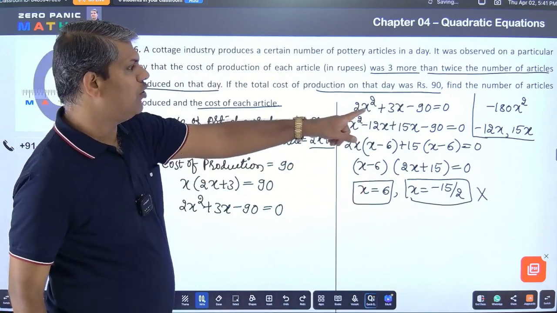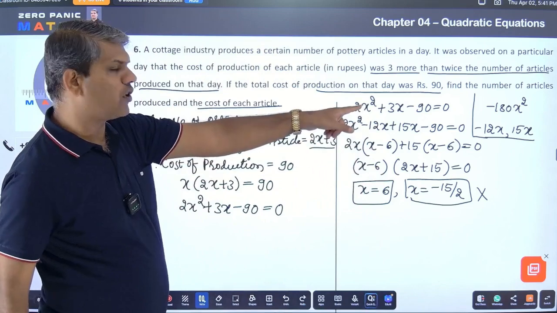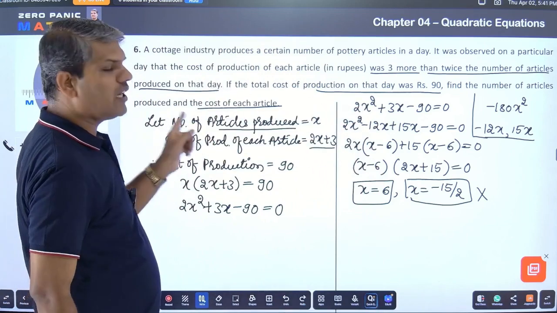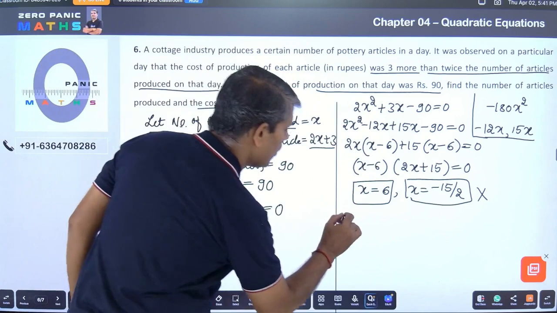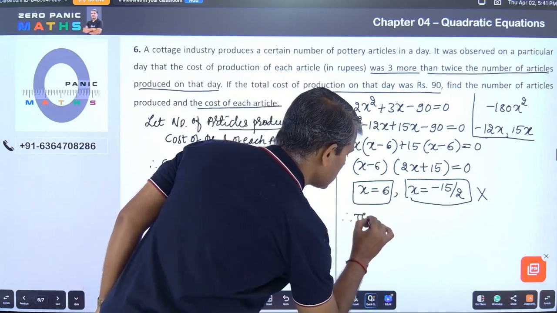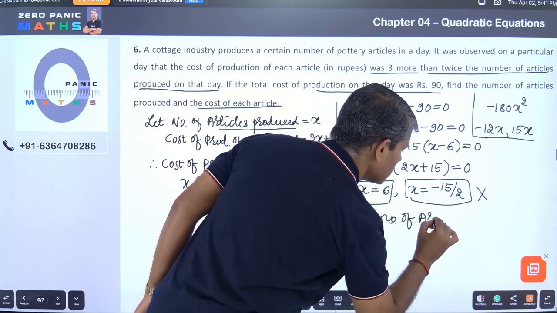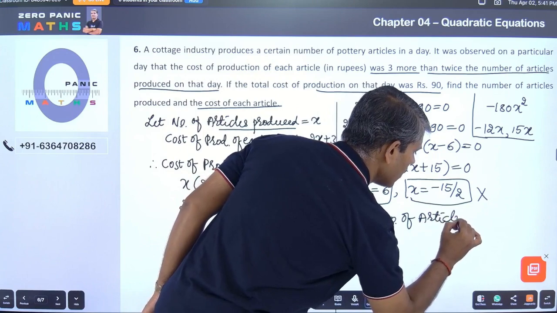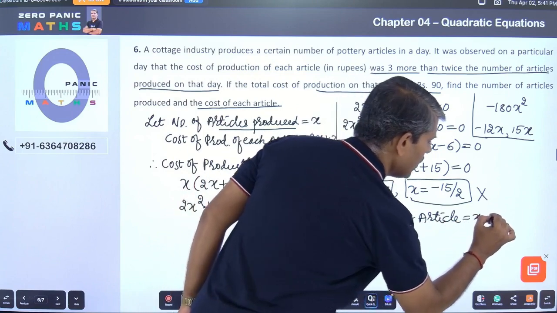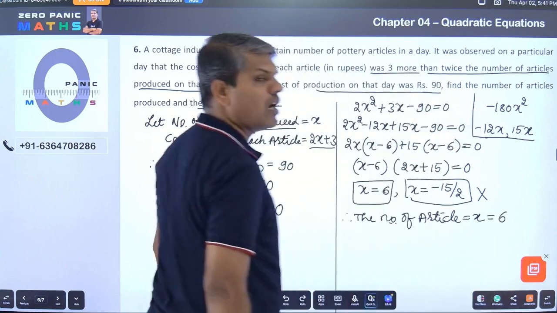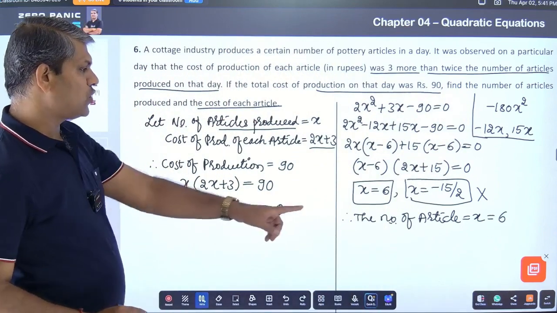This might be a proper root for the equation, but not for the situation. Therefore, the number of articles produced is x equal to 6, which is our positive root.